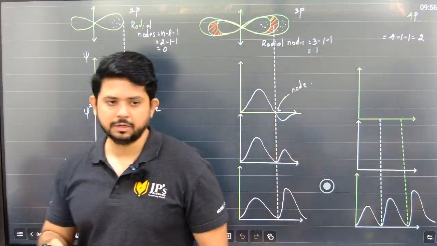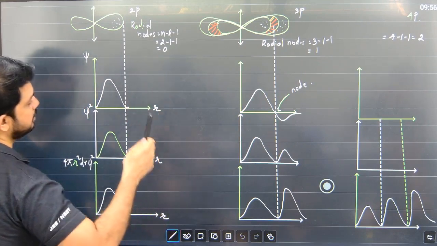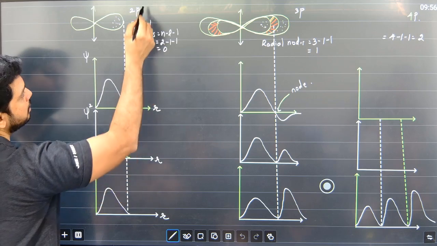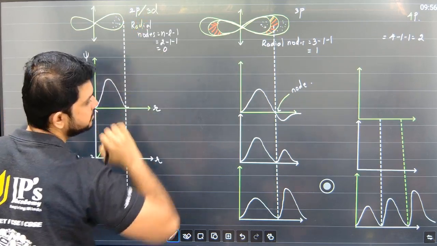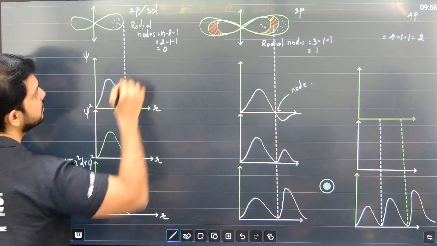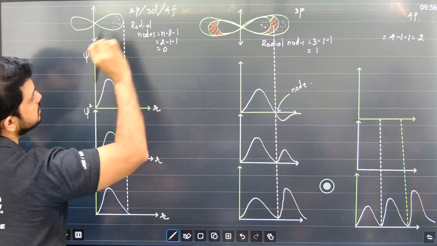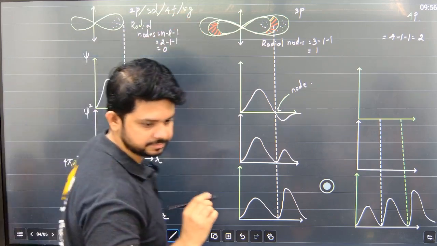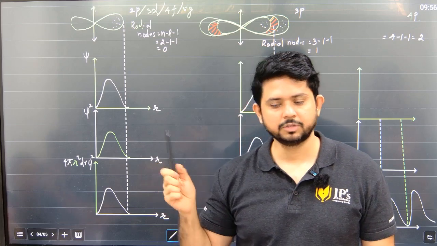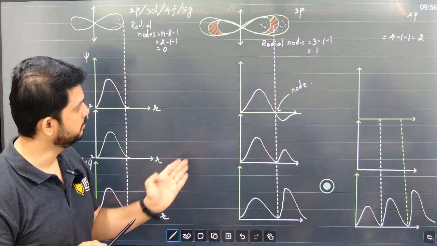Okay, now the plot of 2p, the same plot is for 3d. The same plot is for 4f and the same plot is for 5g. Okay? So do we need to do anything extra for them? No. Just remember that the same plots apply for them.